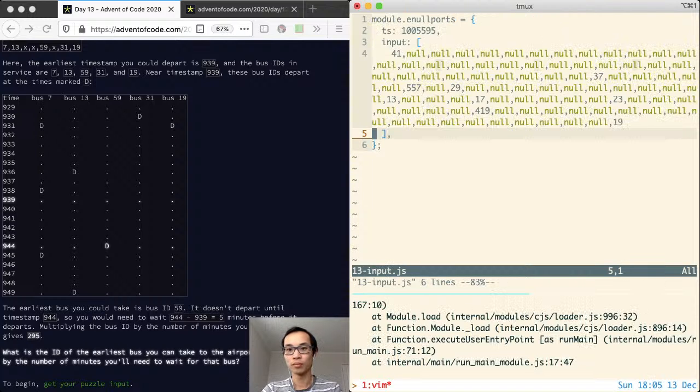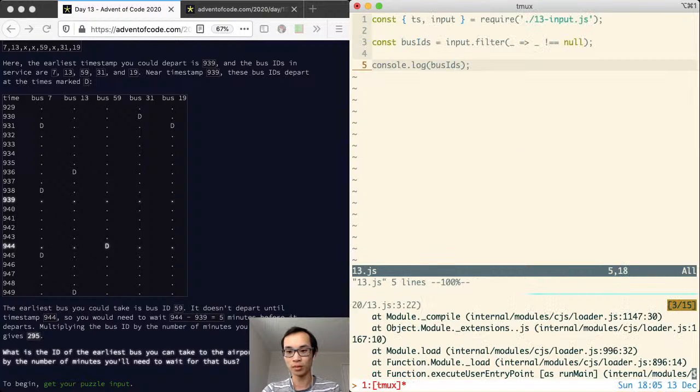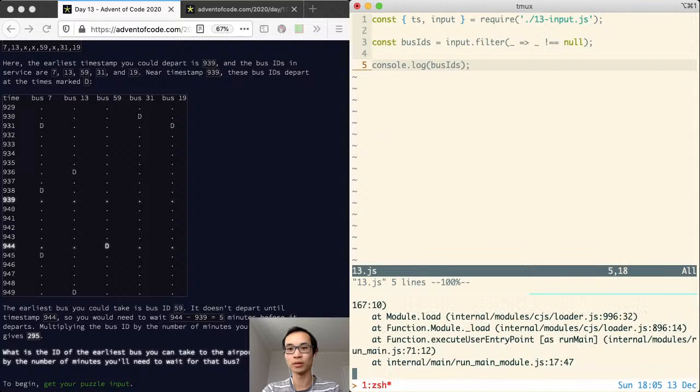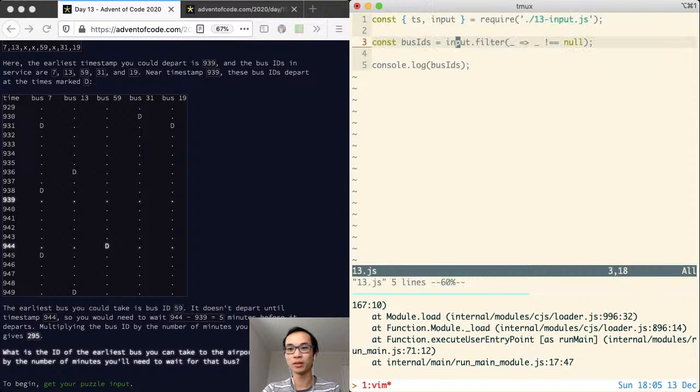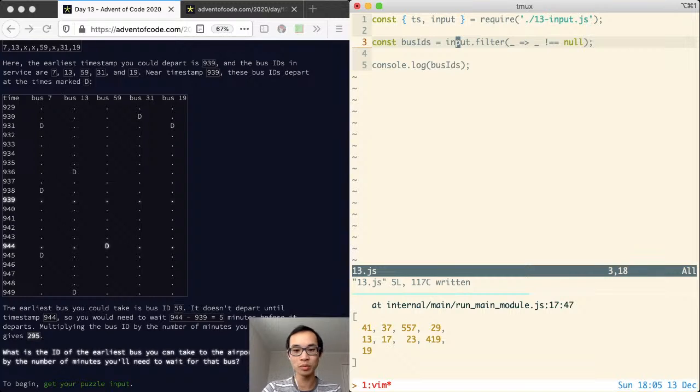What's the problem here? Cannot read filter of undefined. Really? Yeah, because there's a null up here. That was a bit of a blunder. Cool, so those are my bus IDs.